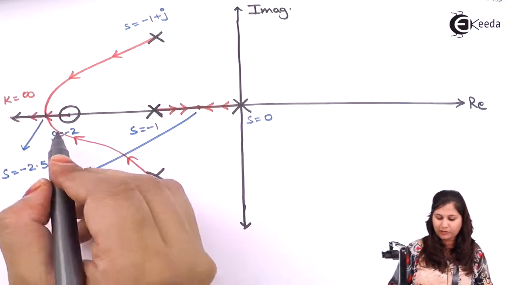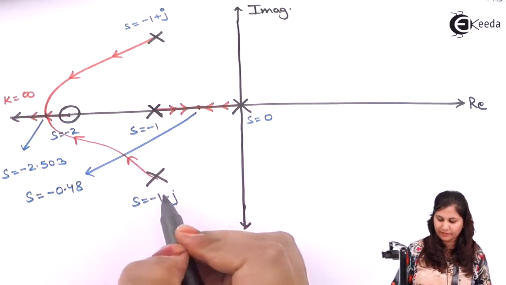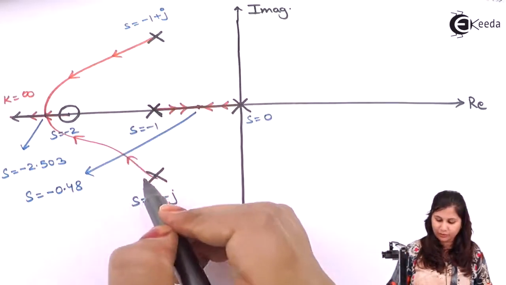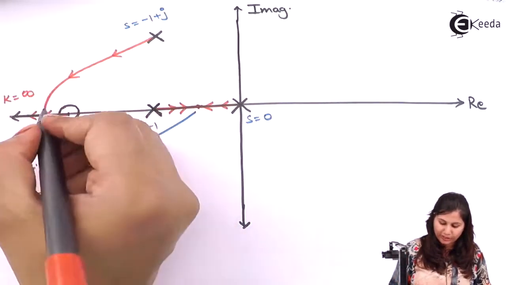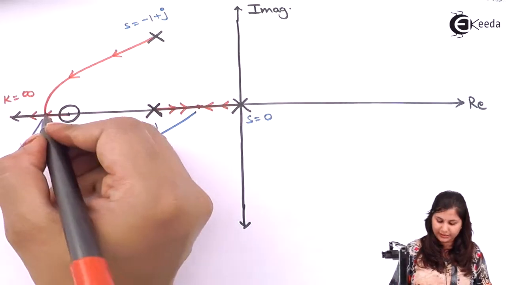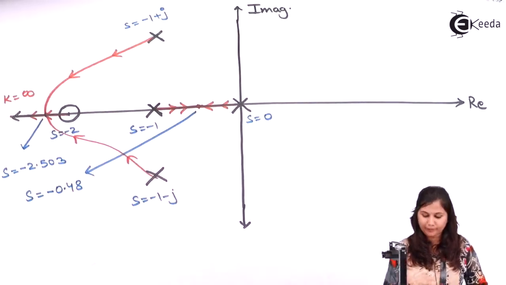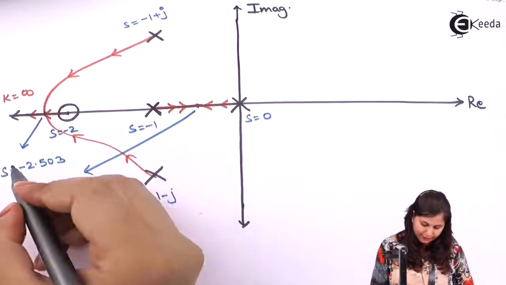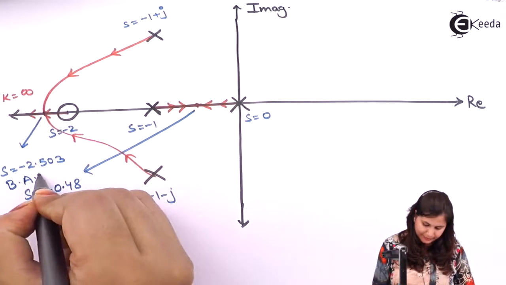The root locus branches due to these two poles start from the poles and go towards infinity. They meet at this point, and this is our other breakaway point. So these two are the breakaway points.